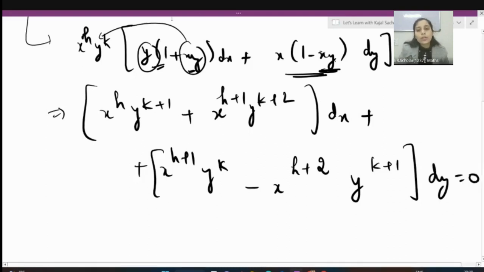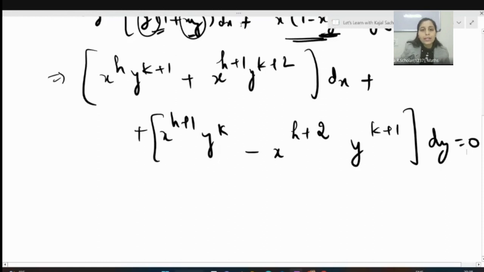Now this equation should be exact because this is an integrating factor.